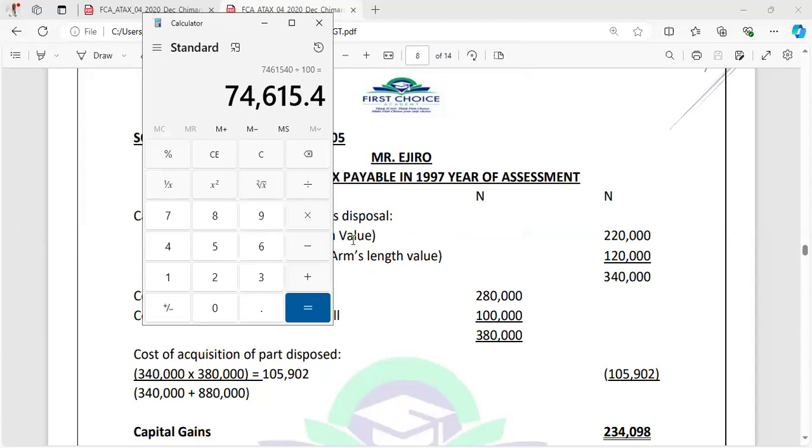That's our A. So we have 340,000, the value of disposal, multiplied by the total cost of acquisition, which is 380,000.